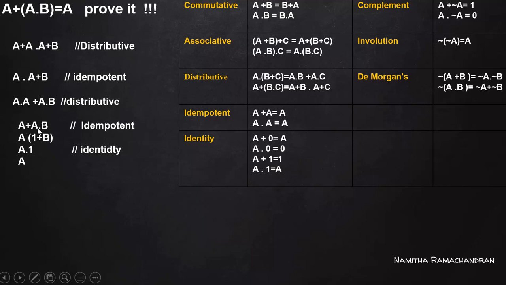And this is A and B as it is. Now take this A, the common factor A, outside and it becomes A and (1 or B). 1 or B is 1 only. Then A and 1 is A itself. Hence it is proved. Okay, so it is clear that the absorption law is actually derived from these laws.